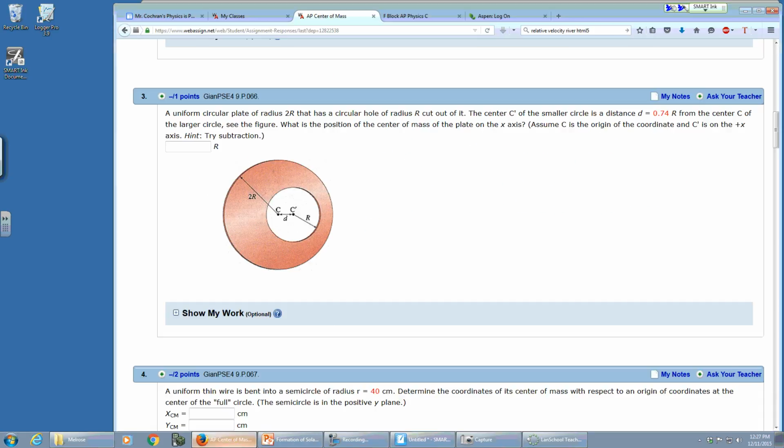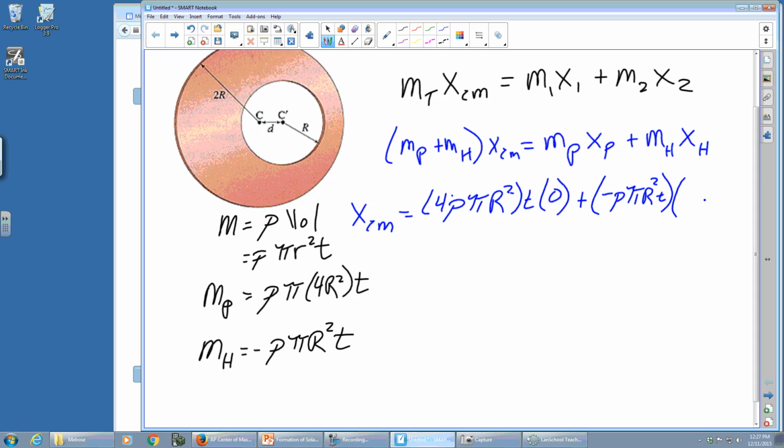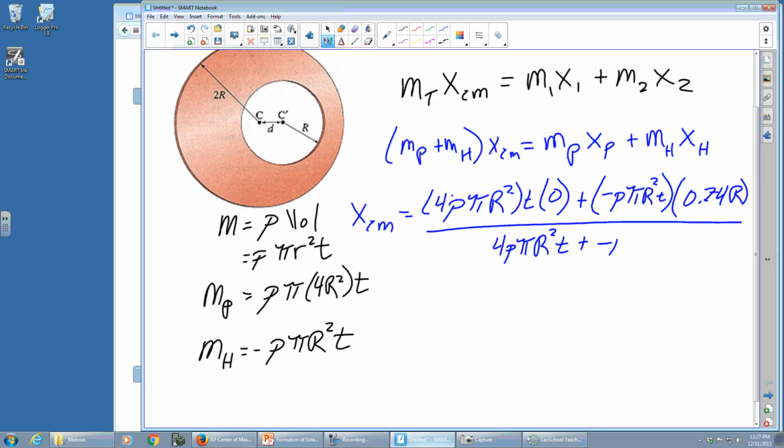For me, it's 0.74R. I'm choosing that direction to be positive. That's all over my 4 rho pi r squared t plus my negative rho pi r squared t.